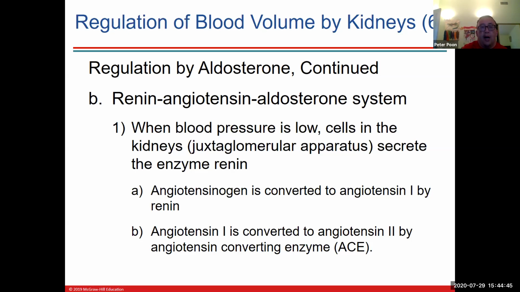So when blood pressure is low, the kidneys secrete renin. Renin converts angiotensinogen to angiotensin 1. Angiotensin 1 is converted to angiotensin 2 by ACE. This is the thing COVID-19 is actually binding to.